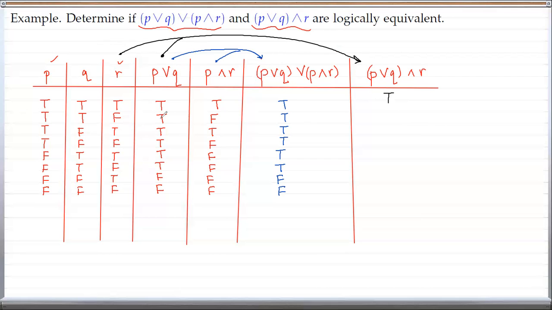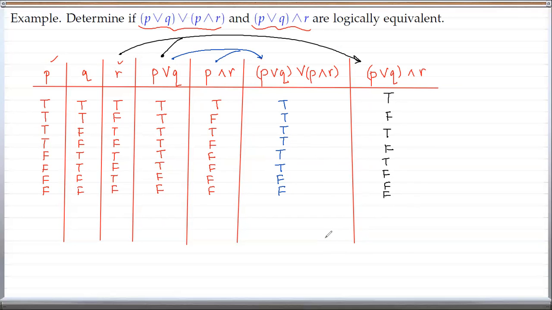We have false and true, which will be false. Then we have true and true. This will be true. We have false and true. This will be false. We have true and true. This will be true. We have false and true. This will be false. And the last two are also going to be false.